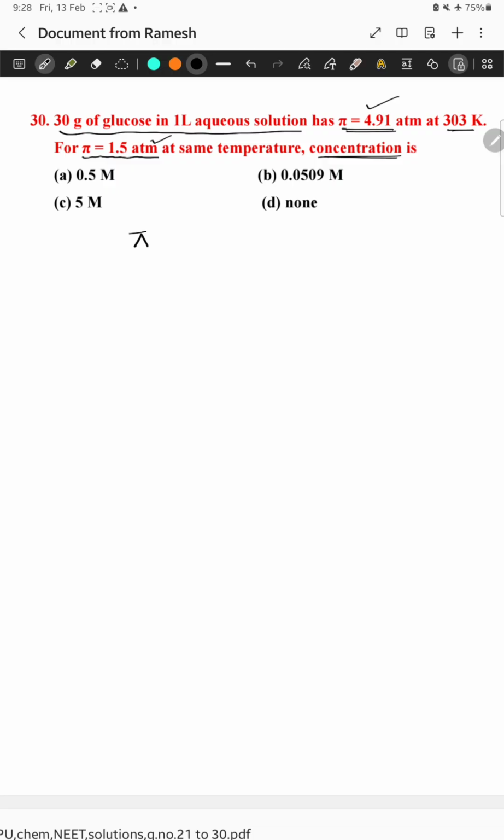You know that osmotic pressure is always directly proportional to concentration. If you want to compare the two osmotic pressures, you can write pi 1 divided by pi 2, first osmotic pressure divided by second osmotic pressure. Since osmotic pressure is directly proportional to concentration, you can write C1 by C2. The first osmotic pressure pi 1 is given as 4.91, and the second osmotic pressure is 1.5.